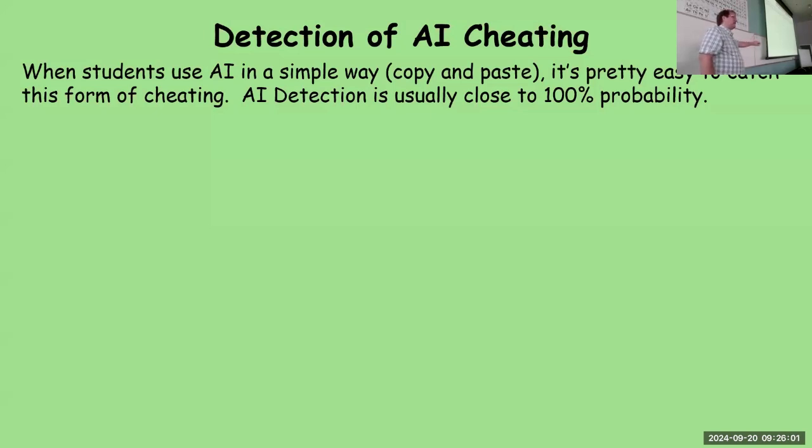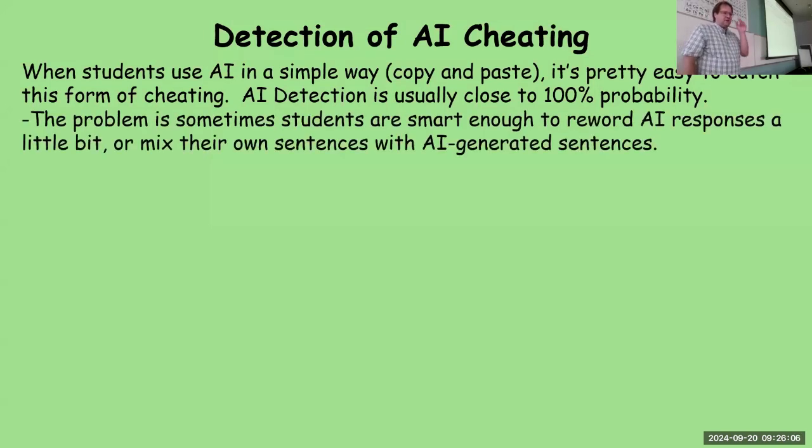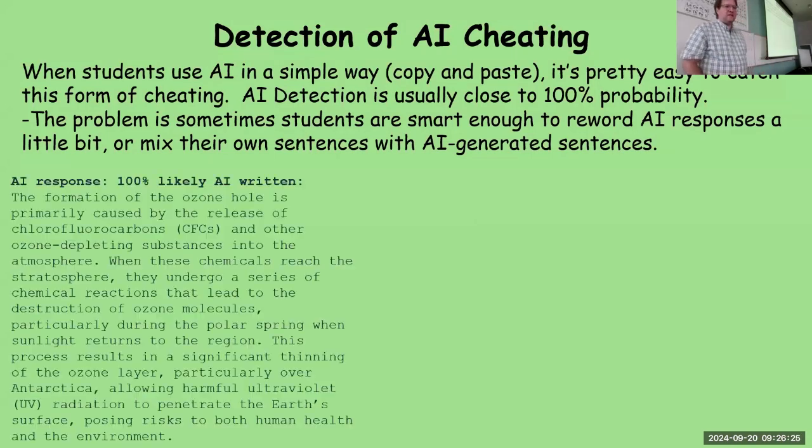I think it's fairly reliable, especially if you're using multiple AI checks. The problem is the students who are lazy but not extremely lazy, or lazy but a little bit smart about it. If students reword their AI responses a little bit, or mix their own sentences with AI-generated sentences, that can make it much harder to detect this type of AI misuse.